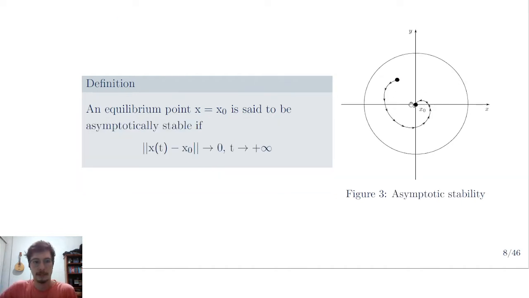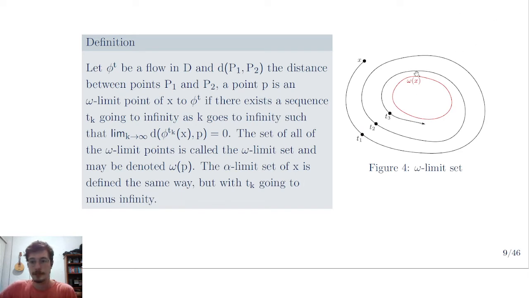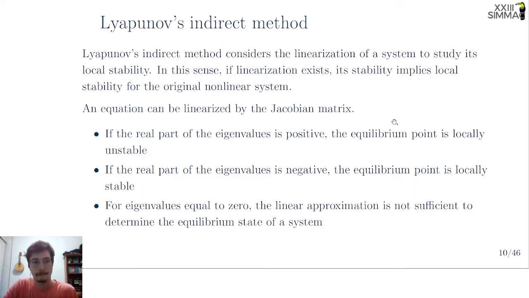An equilibrium point is said to be asymptotically stable if all trajectories tend to this point as time approaches infinity. And the omega limit set is the set of all of the accumulation points with a sequence tk going to infinity, and the alpha limit set is defined the same way but with tk going to minus infinity.